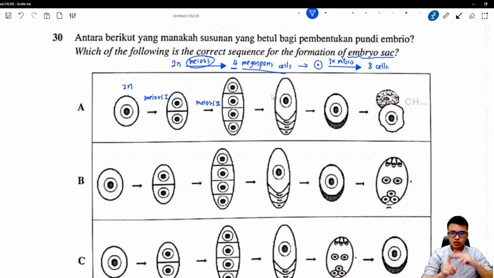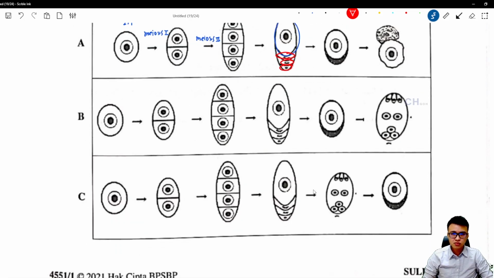But of these 4 megaspore cells, only one cell is important, and it will start to develop. You can see one of the cells starts to develop, and the other 3 cells will just degenerate.